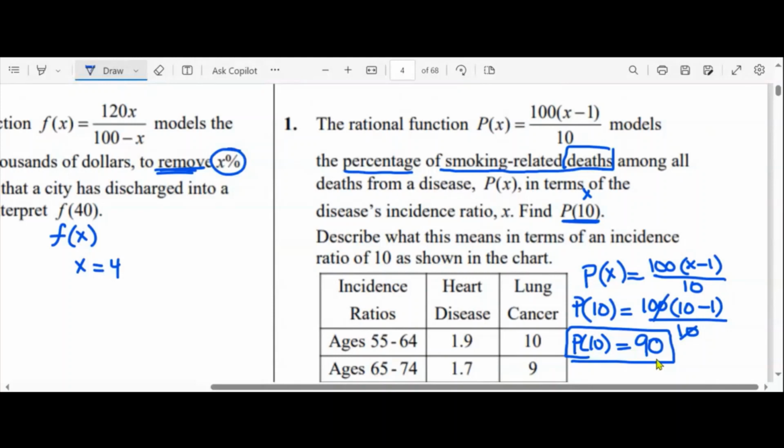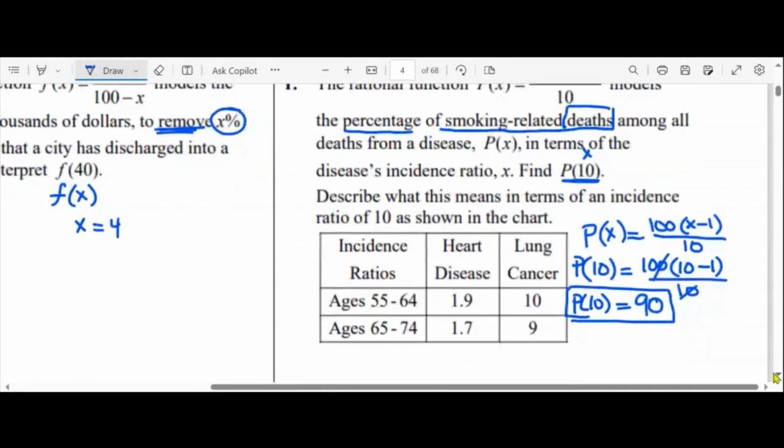We have to, I think, divide by 10 because there is out of 10. So it will be 9 over 10. Okay, what does it mean? Is it 90 or 0.9, what it means has to be specified. So the percentage of smoking related deaths among all deaths from disease.